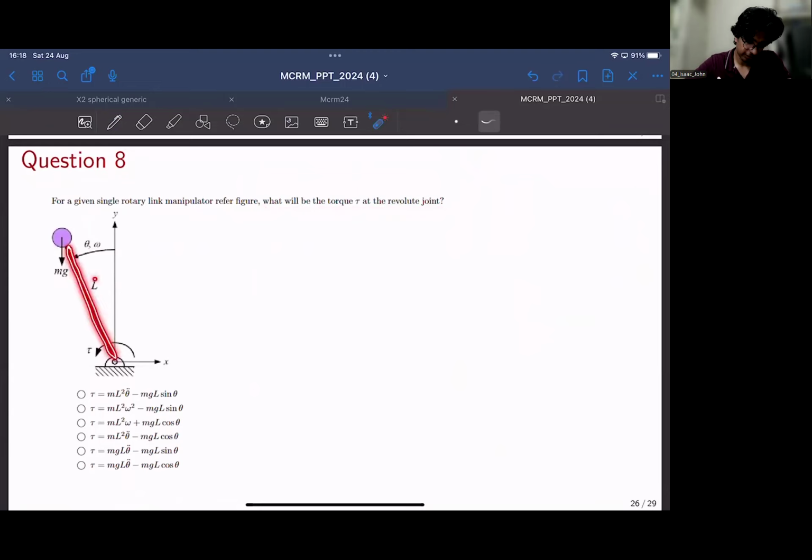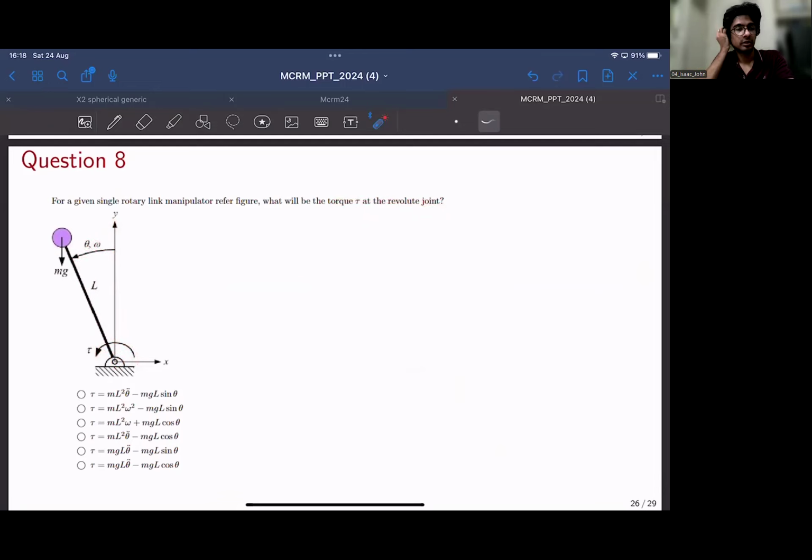It has a rod of length L with negligible mass, and the whole of the mass is concentrated at the tip at a distance L from this joint. This is a rotary joint, so it can rotate along the positive x-axis. The joint variable that it makes with respect to this y-axis is labeled as theta, and its angular velocity is omega. You are asked to find the joint torque at the revolute joint.